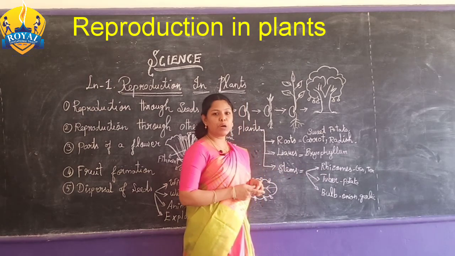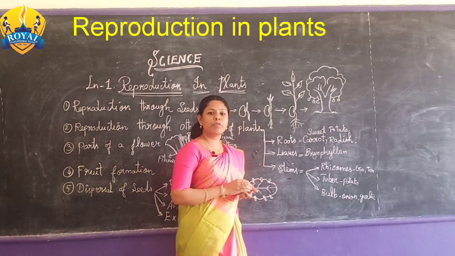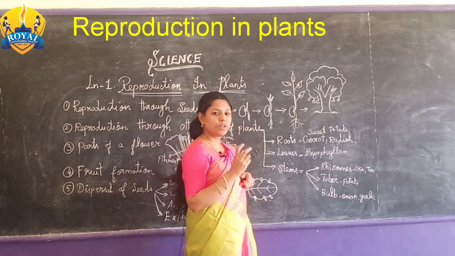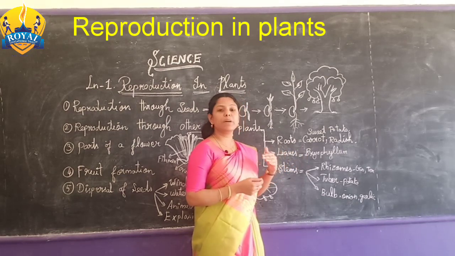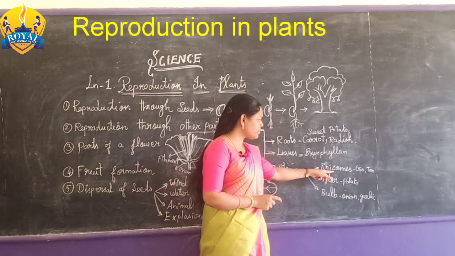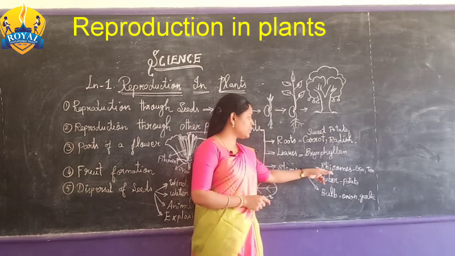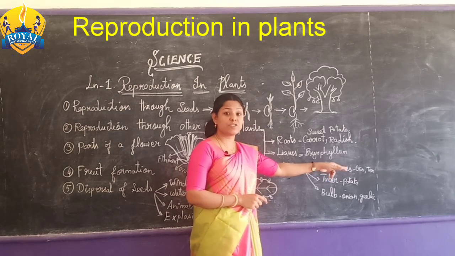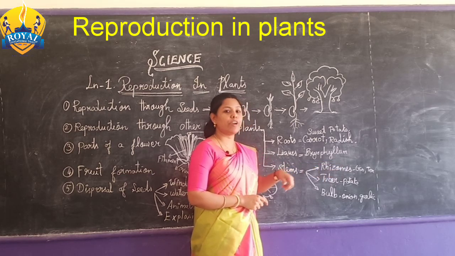For rhizomes, the examples are ginger and turmeric. Did you ever see the ginger and turmeric plant? Their leaves are alike. Ginger and turmeric are stems that come under the rhizomes.